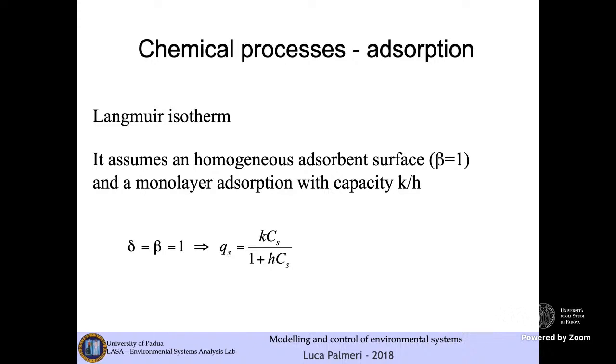Instead, it has a limited surface. And when the surface of a particle is totally covered by adsorbate, then the adsorbent stops adsorbing. So the adsorbent stops attracting molecules from the liquid phase onto the solid phase.